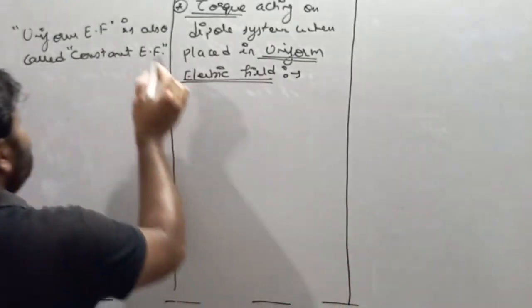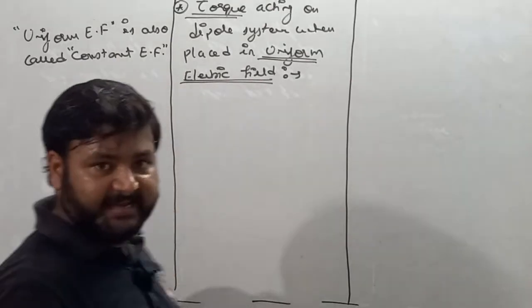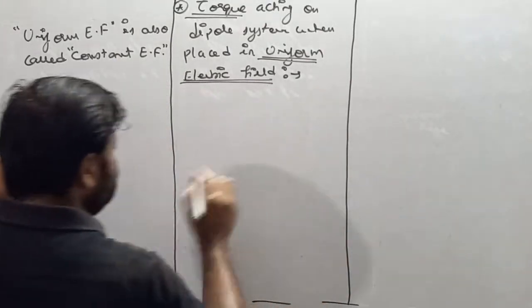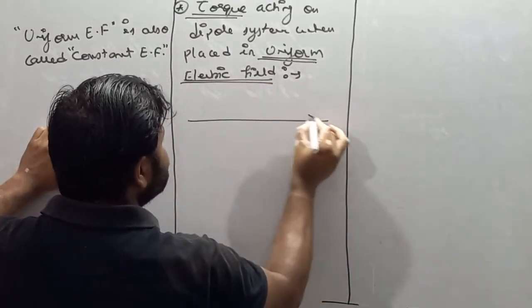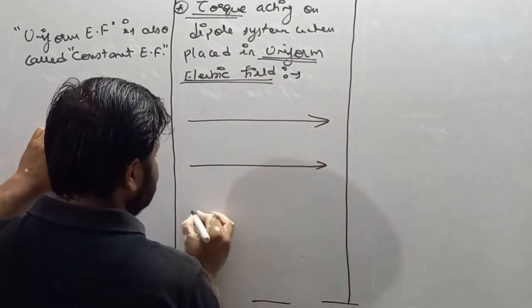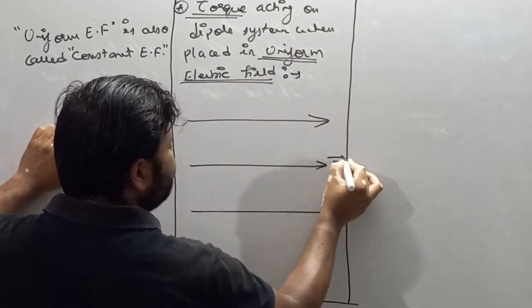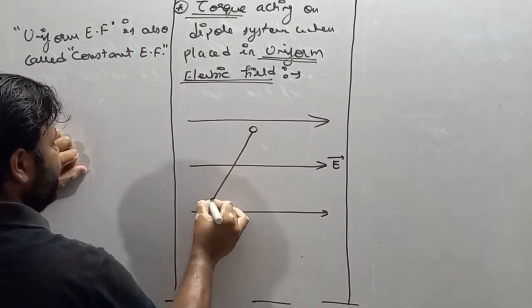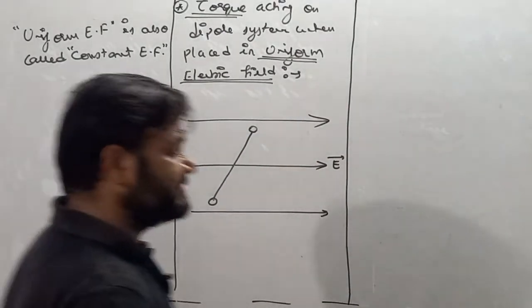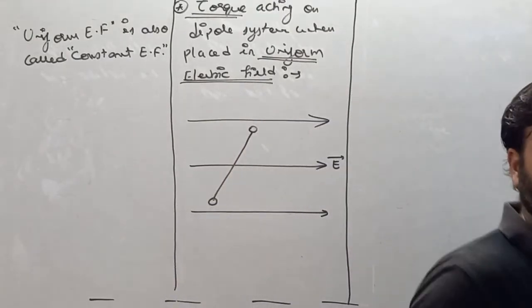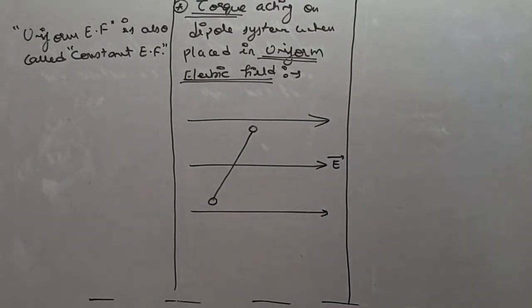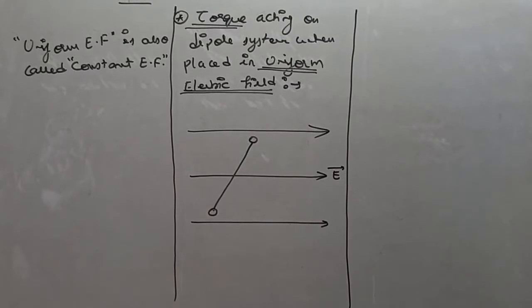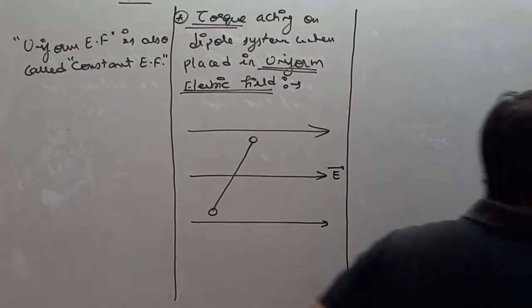So if the electric field is uniform, let's suppose we have an electric field and this electric field is constant. In this electric field, let's suppose a dipole system is placed, and we know that a dipole system means a combination of one positive charge and one negative charge.